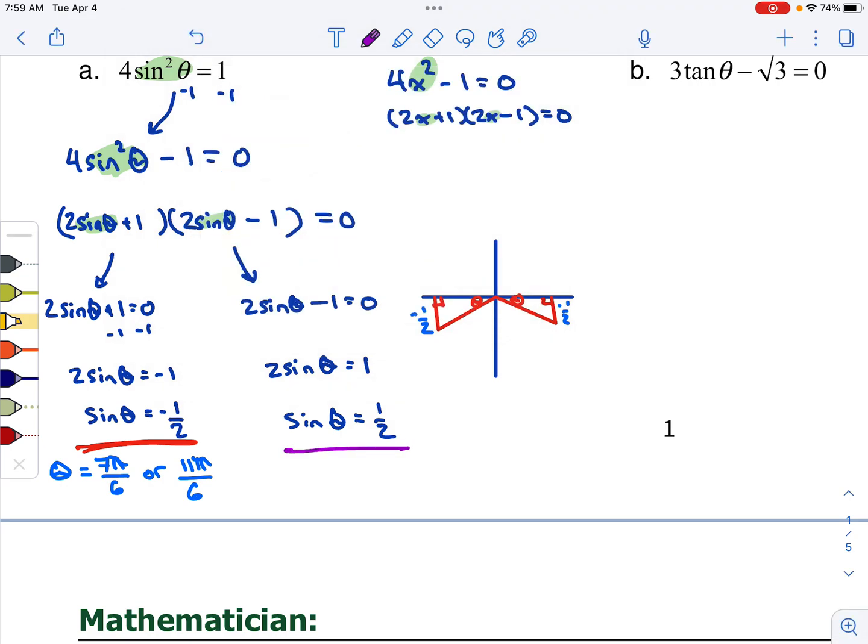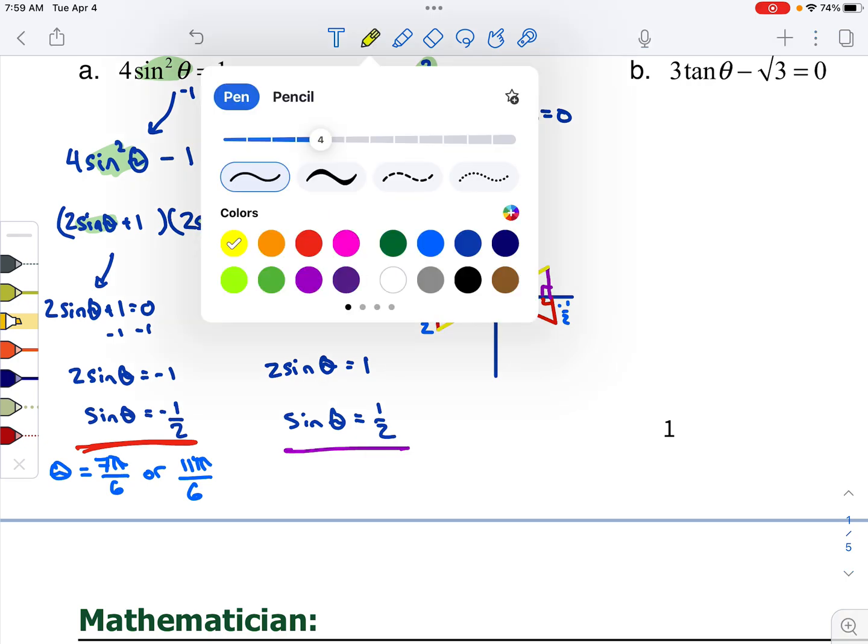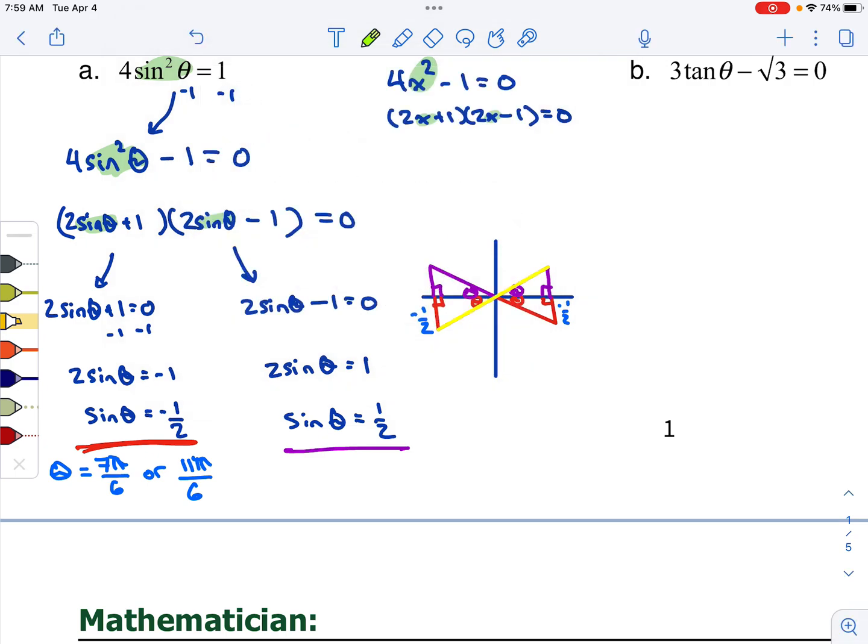For sine of theta equals 1/2, notice if you continue a perfectly straight line here and here, we get a special property that this is a perfectly straight line here in yellow, and then here in green is also a perfectly straight line.